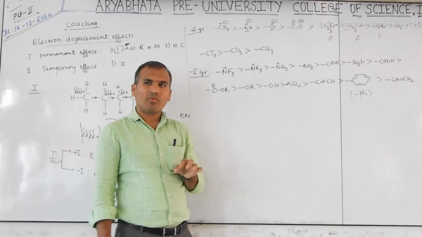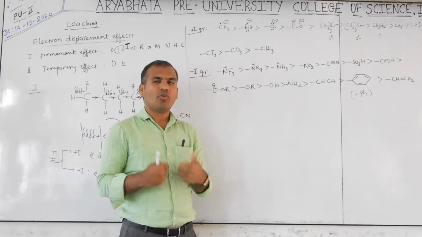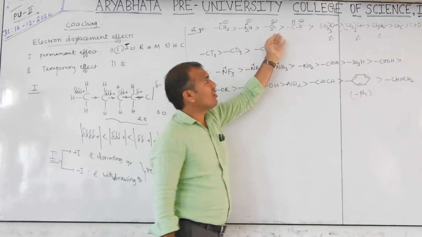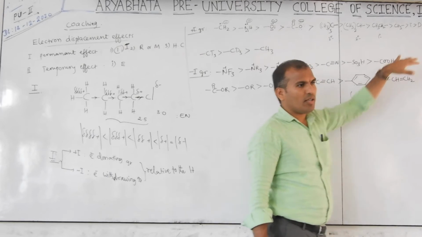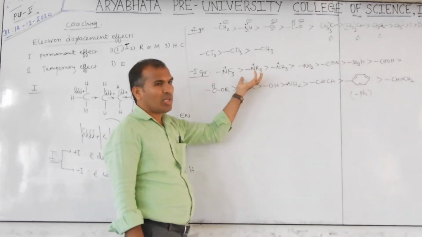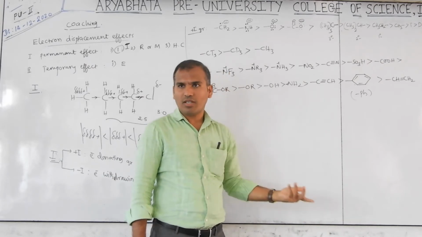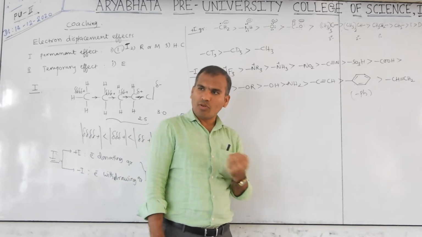Clear? But again, one shortcut I will tell you. Any charged species is more electron withdrawing or more electron donating. See, these are charged, that's why more donor. These are neutral, that's why less donor. Here these are charged, that's why more electron withdrawing. These are neutral, less. Clear? And sometimes electronegativity also matters. More electronegative, more withdrawing.